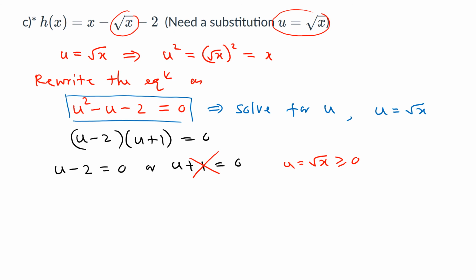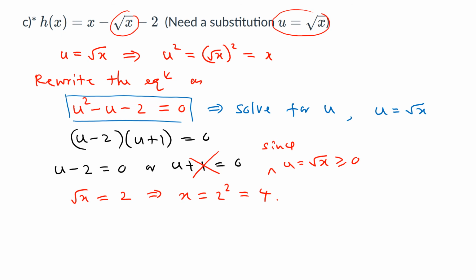So then you have this solution. u means square root x, so this says that square root x equals 2. In other words, if you square, you can see that x equals 2 squared, which is 4. You can clearly see that once you plug in that value, it actually satisfies the equation.